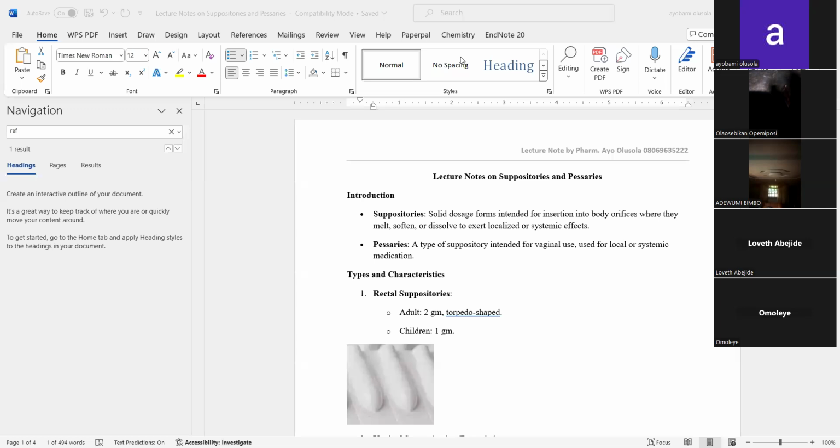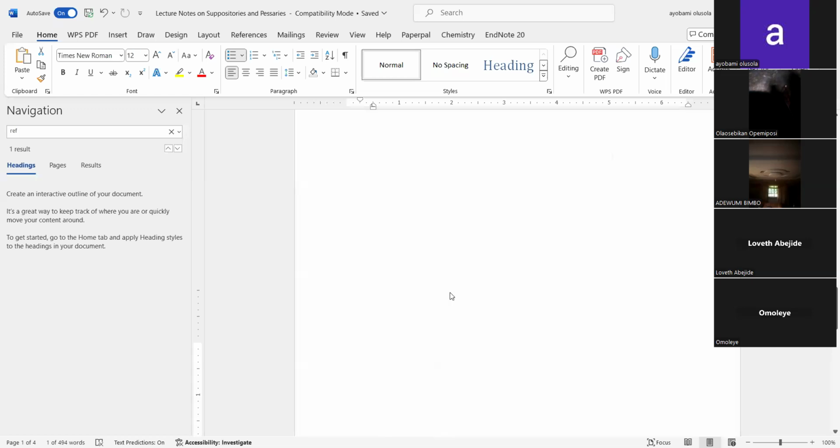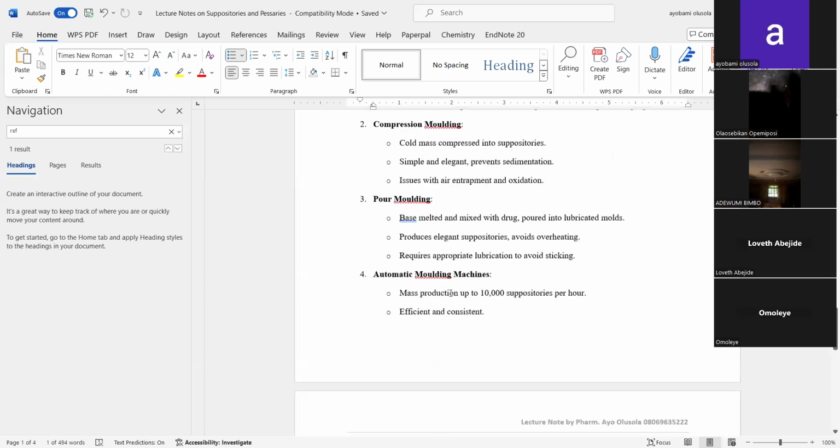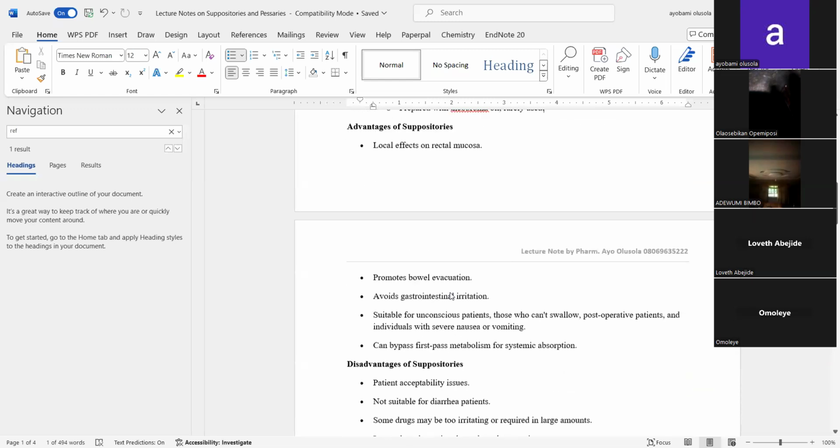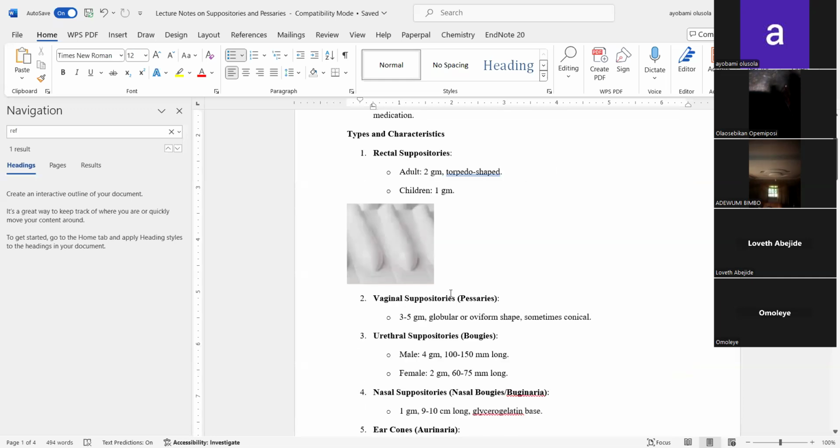So there are other types apart from pessaries. We have rectal suppositories, and they can be in torpedo shape. For an adult, it is about 2 grams. For children, it is about 1 gram. You don't need the details of this grammage. They hardly ask.